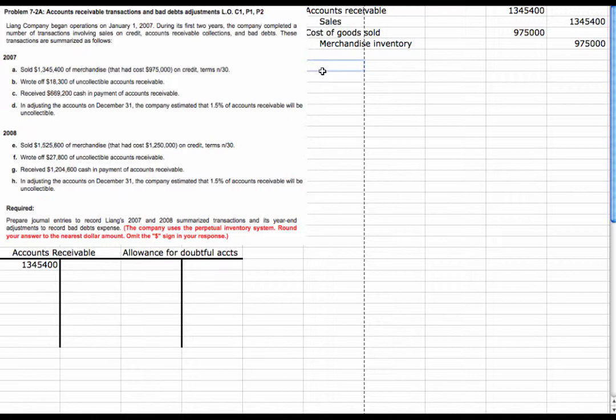And because the allowance is a credit balance account, we need to debit the allowance for the amount of $18,300, and because this is a write-off, we're going to take the amount out of accounts receivable.